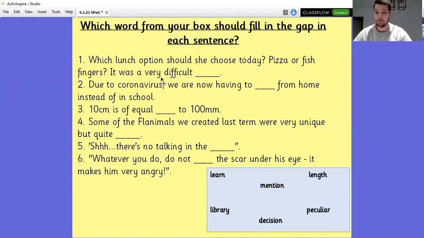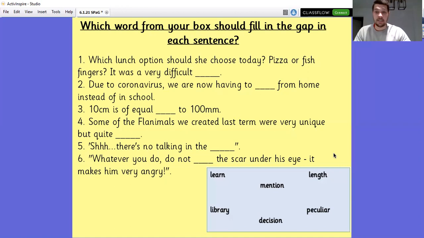So, number one, which lunch option should she choose today? Pizza or fish fingers? It was a very difficult blank. Number two, due to coronavirus, comma for that fronted adverbial, we are now having to blank from home instead of in school. Number three, 10 centimeters is of equal blank to 100 millimeters.